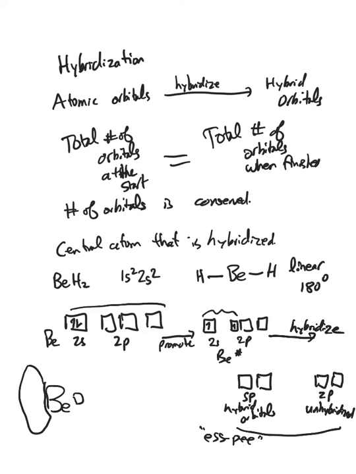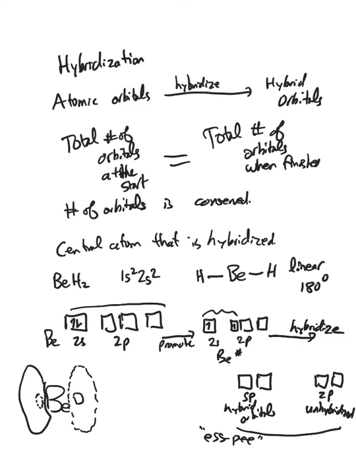And so if we look at them, this beryllium, just like p orbitals having 2 lobes, these sp orbitals, they're going to be 2 of those. They're going to have 2 lobes. And so there's one of the lobes, and then let's see, how can I draw the other one? Maybe I'll draw it sort of like this. And there's the other lobe.